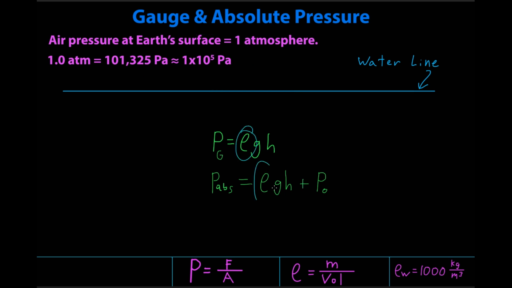So the density of the fluid is likely to change. Atmospheric pressure, not so much. And this height is height from where your object is to the surface. I keep exchanging it with the word depth on purpose because they are essentially the same thing. And again, this pressure is exerted in all directions.